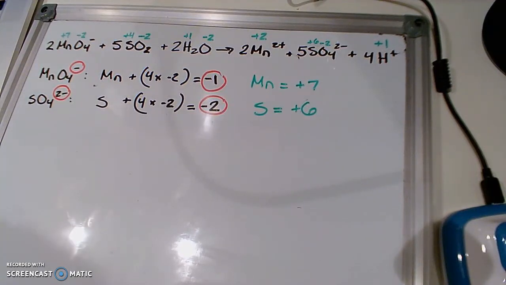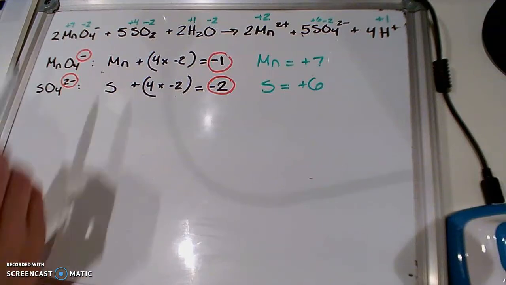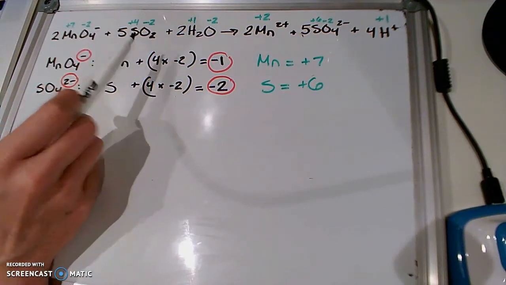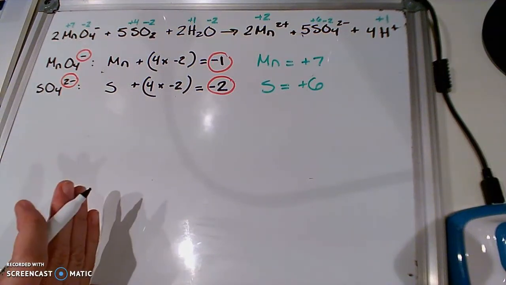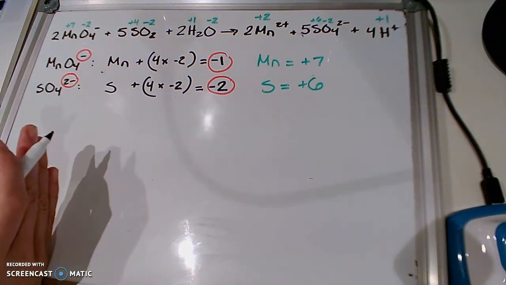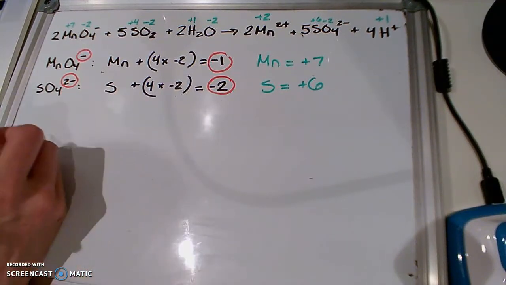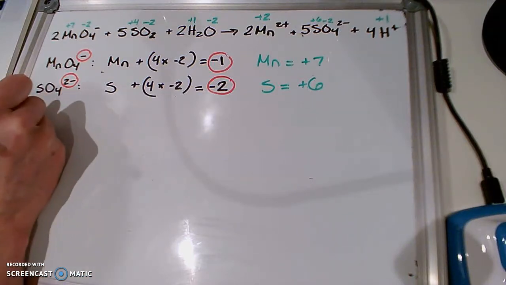Okay, now that we have the correct oxidation numbers for all the elements in this reaction, let's look at the changes in the oxidation states of each of these elements. We have manganese, oxygen, sulfur, and hydrogen in this reaction. I'm going to go through each of those and look at their reactant side oxidation number and their product side oxidation number. So let's make a little table here.